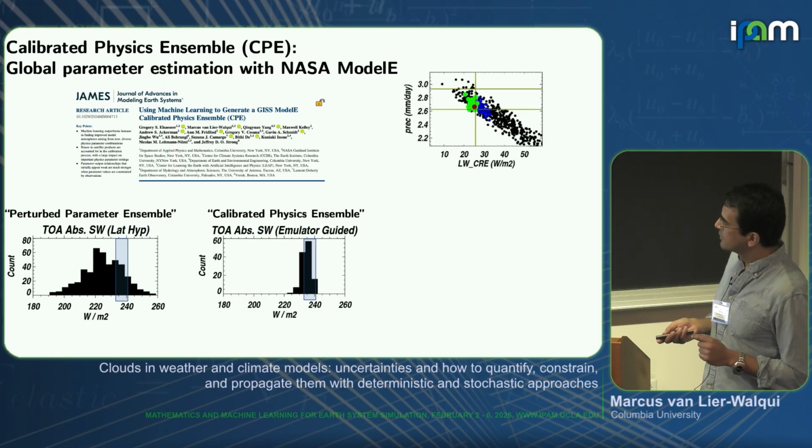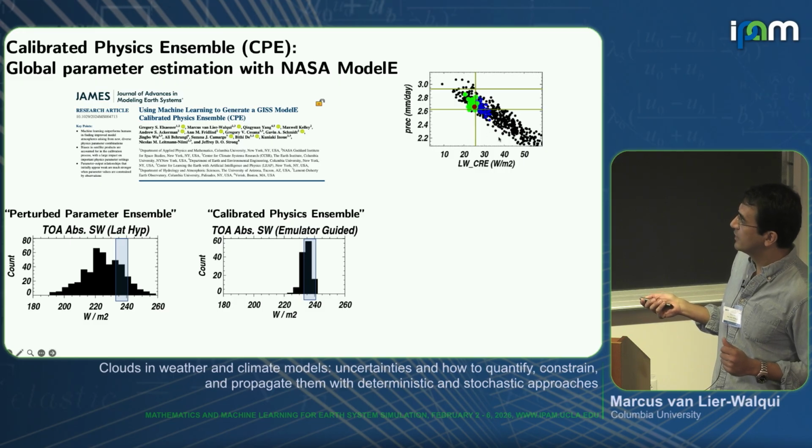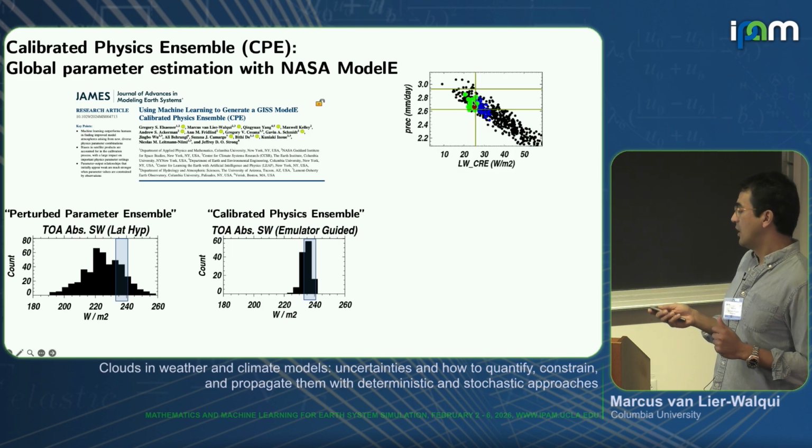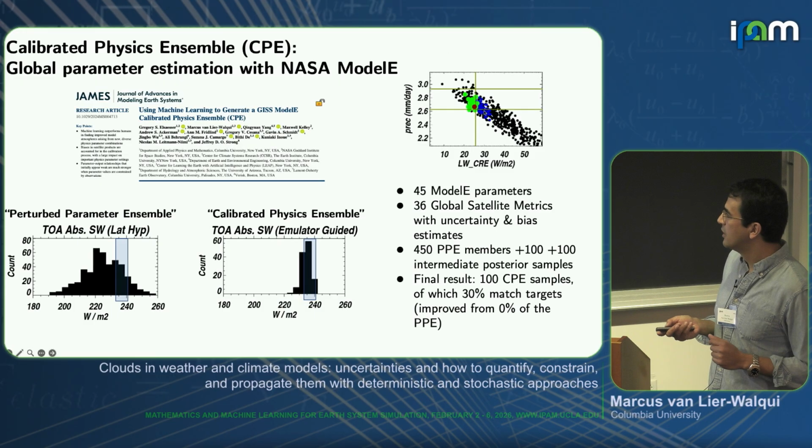And this is a scatter plot of two different outputs, precipitation and longwave cloud radiative effect. You can see these different iterations, right? The black dots are our prior. The blue dots are our first round of the CPE. The green dots are our second round. This is actually a case where the default parameter choice, which is this red one, was pretty good.